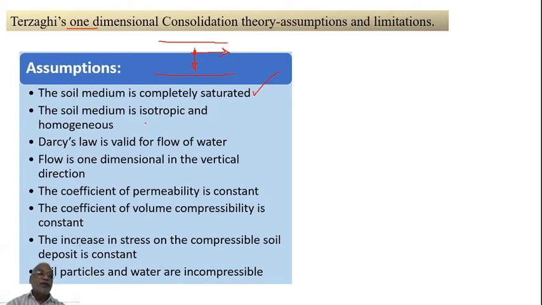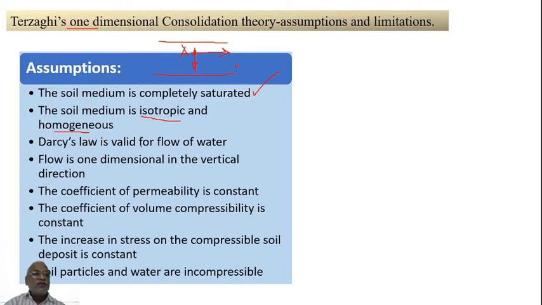But we are assuming that they are the same, isotropic. In all the directions the properties are the same. Now if you take a point A over here and a point B somewhere there, and the properties are the same, then we say that it is homogeneous. So properties in all the directions are the same, properties everywhere are the same. That is what homogeneous is.